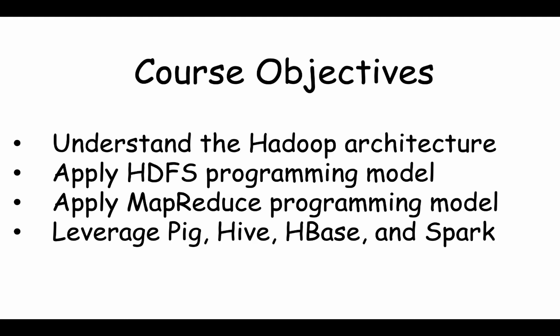We're going to spend time applying HDFS and the MapReduce program model. Then we'll take a tour of several of the Hadoop applications: Pig, Hive, HBase, and Spark. There'll be more details on these as we go through the course.